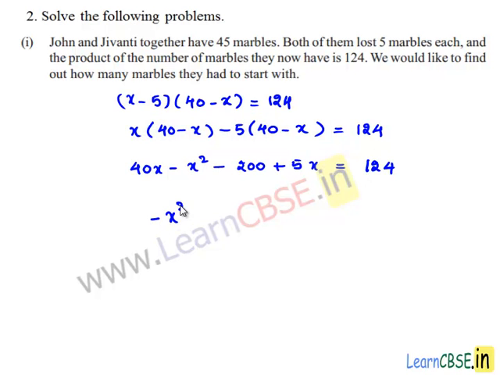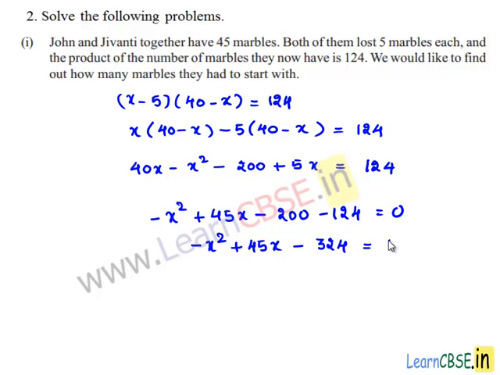Minus x square plus 45x minus 200, and 124 can be transposed to LHS and this becomes minus 124 is equal to 0. Minus x square plus 45x minus 324 is equal to 0. This can also be written as x square minus 45x plus 324 is equal to 0.